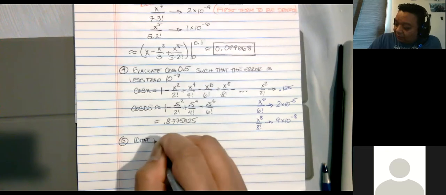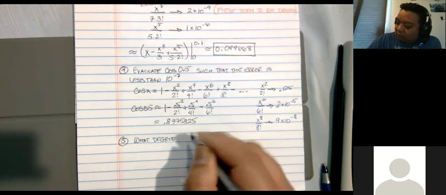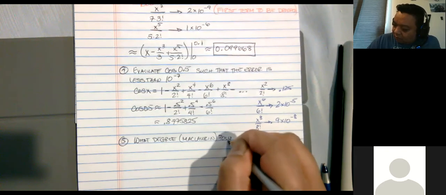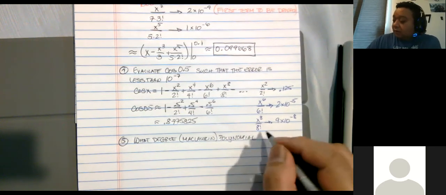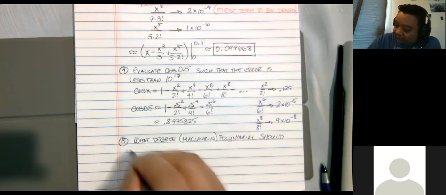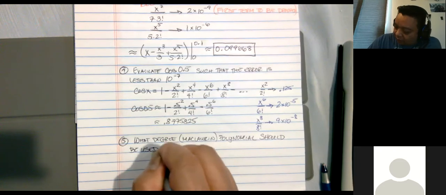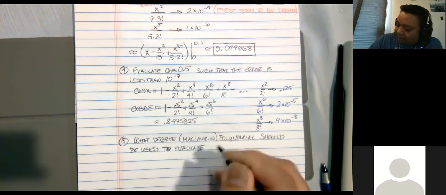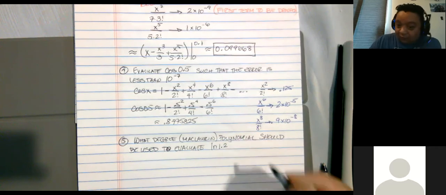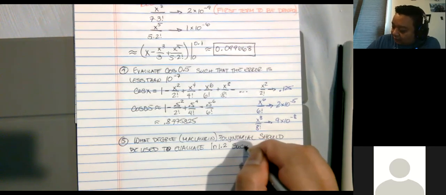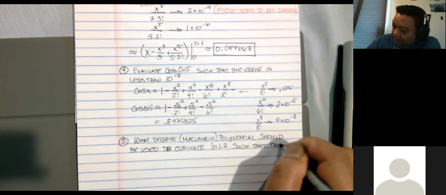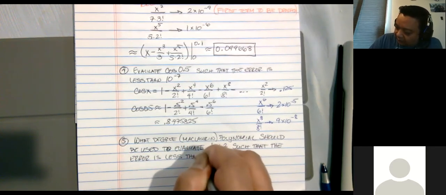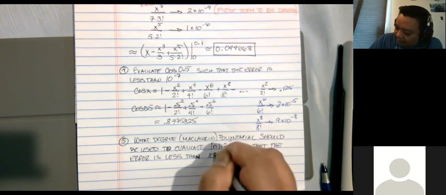What degree polynomial should be used to evaluate ln of 1.2, such that the error is less than 10 to the minus 4.